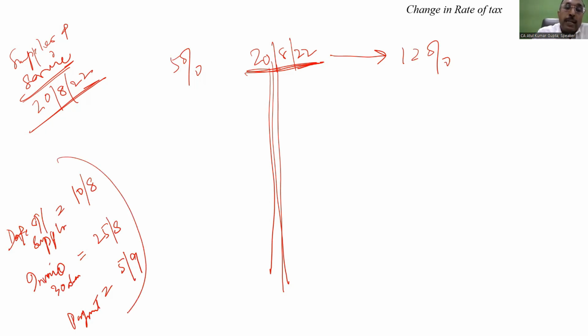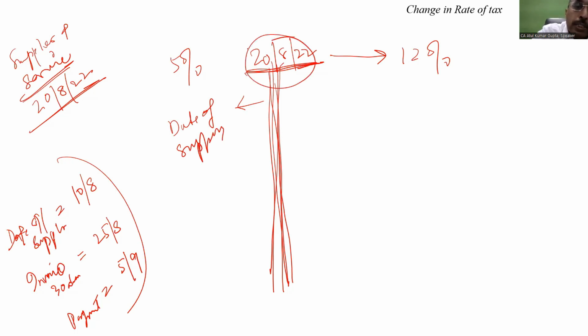So what we have to do, my dear friend, is mention all these three dates against this vertical line I have just drawn. On the left hand side, the date of supply will come, because that is the date prior to the 20th of August: date of supply, 10th of August. But the invoice will come this side, because that event happened after the 20th of August, on 25th of August.